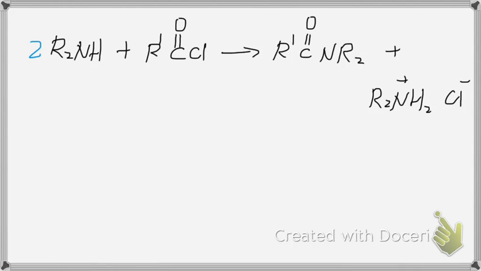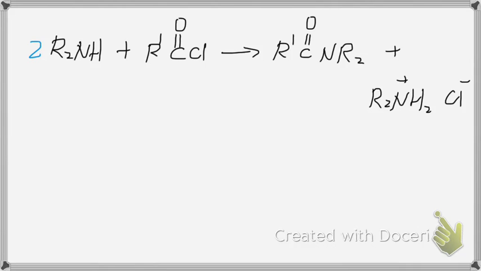We start with, in this case, a secondary amine and an acyl chloride. The secondary amine will attack the carbonyl carbon in the nucleophilic acyl substitution. Then the chloride leaves and it gives the amide, right?